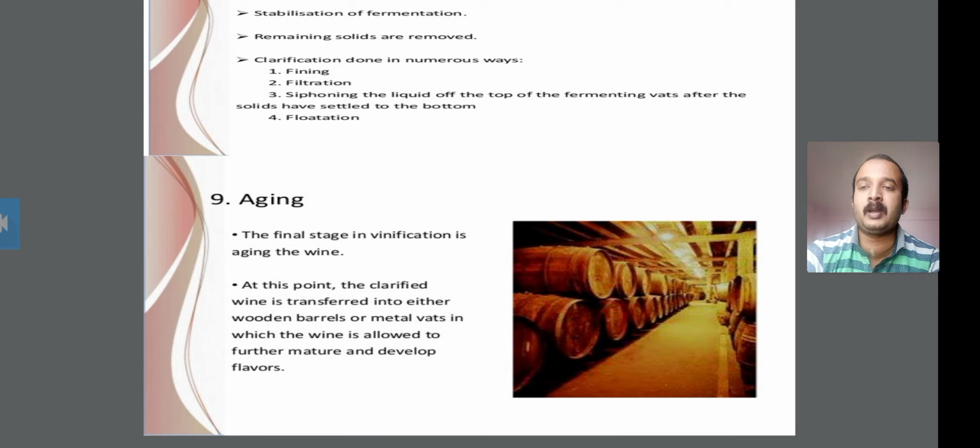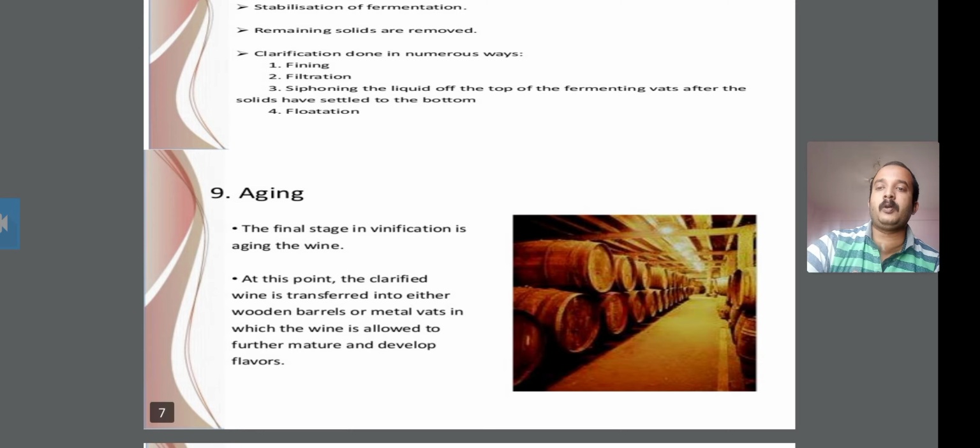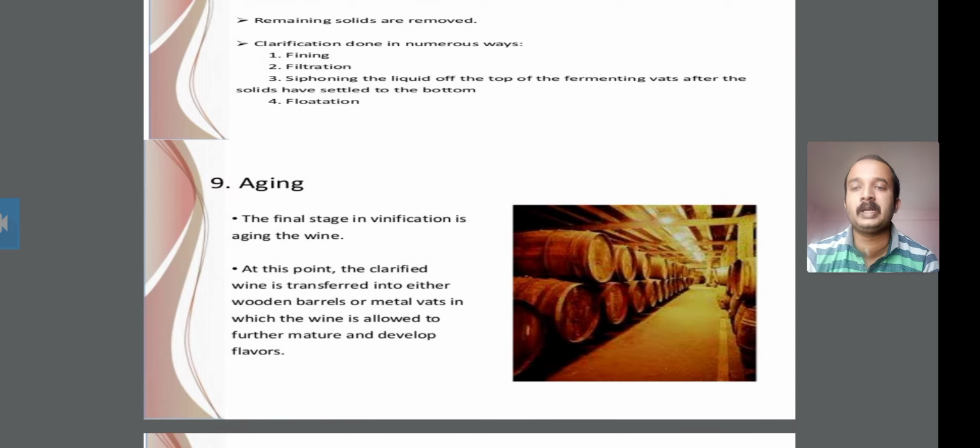The wooden barrels and metal vats are useful for maturing the taste and developing the flavor of the wine. After the aging, the mature flavor and taste are developed in the wine. This is the aging.